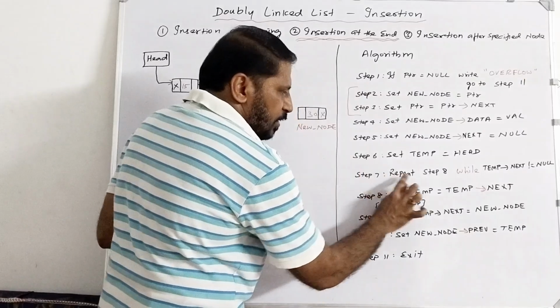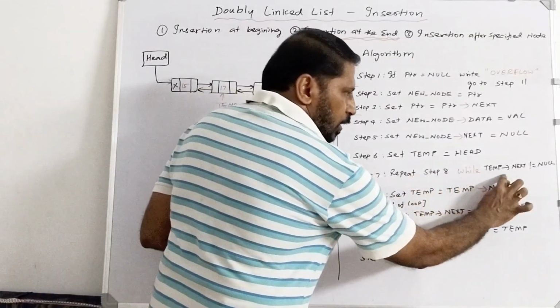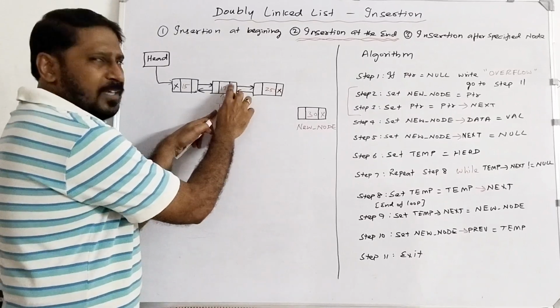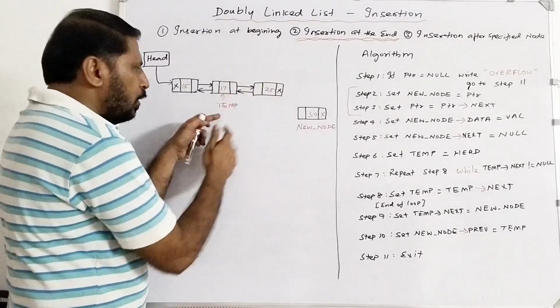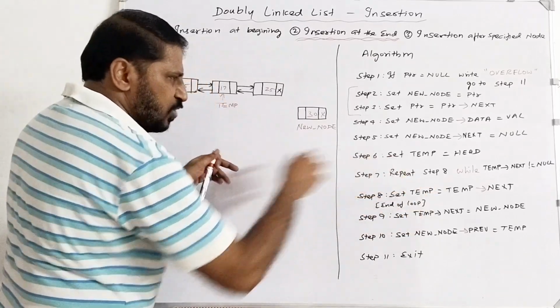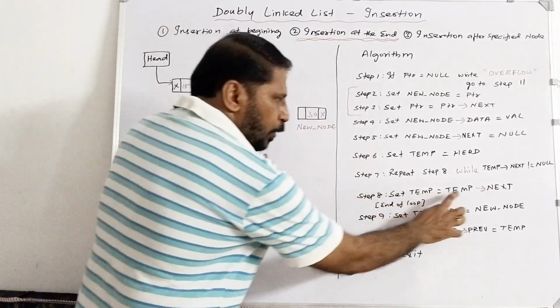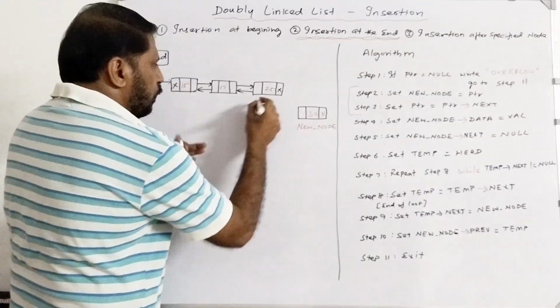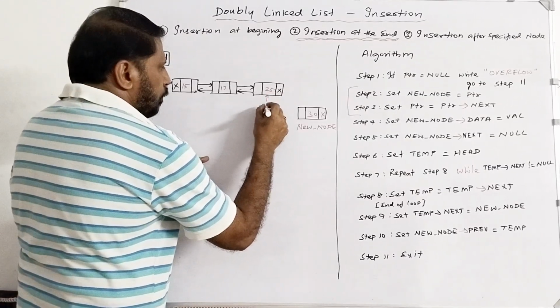Again we come to the 7th step: repeat step 8 while temp next not equal to null. Temp next is having a node, so it satisfies the condition and we execute step 8: temp equal to temp next. So temp goes to the next node.